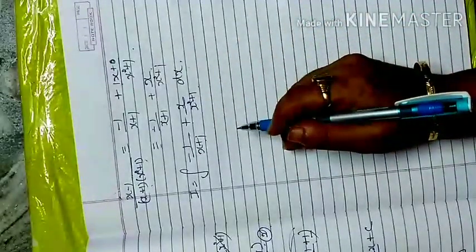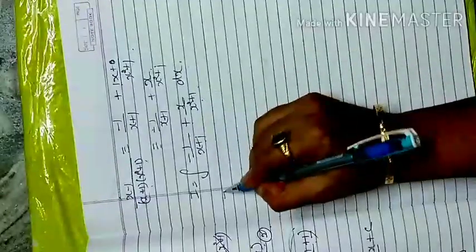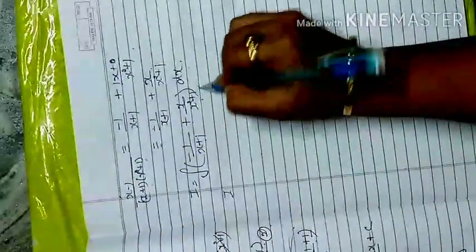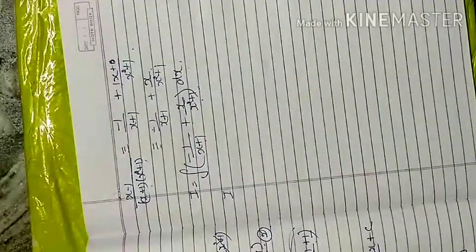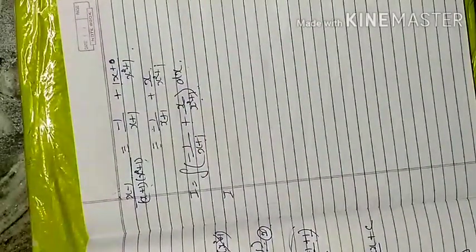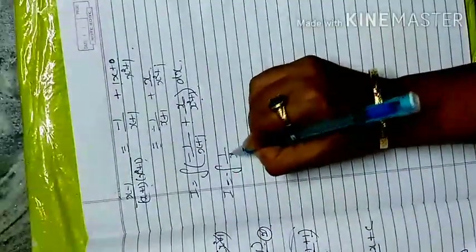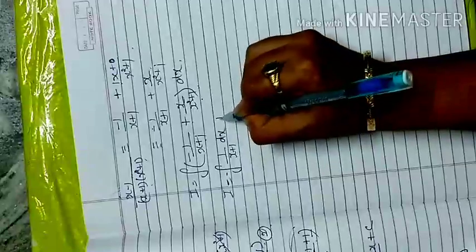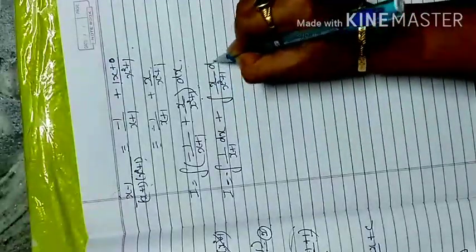Now my next target is to integrate that one. First I will separate that one and keep it in the bracket, because if you do not keep it in the bracket, it will show that only the last term is accompanied with the integration, not the first term. So first I will separate this one: minus 1 upon x plus 1 dx plus x upon x square plus 1 dx.